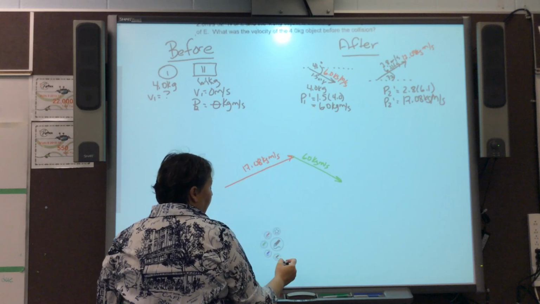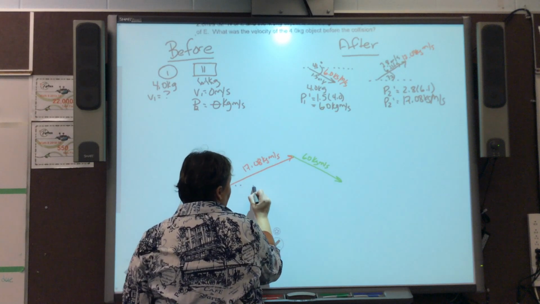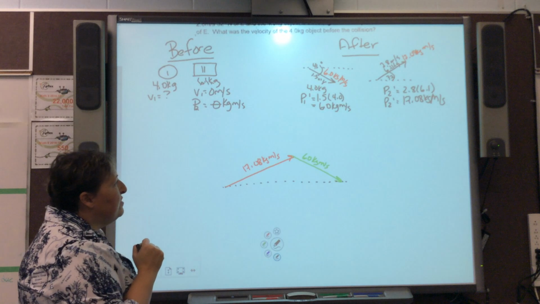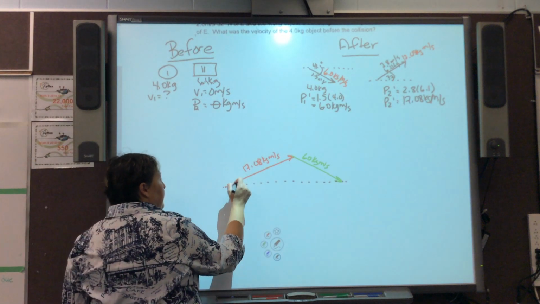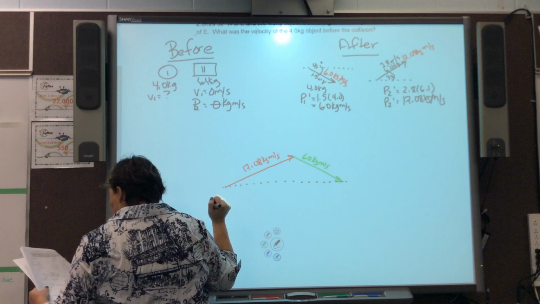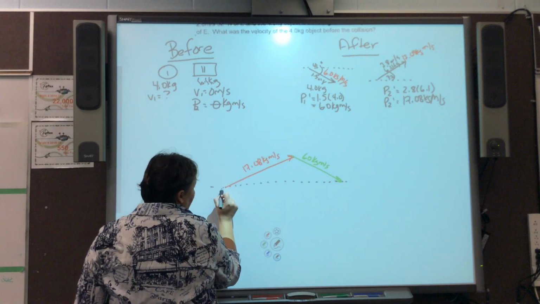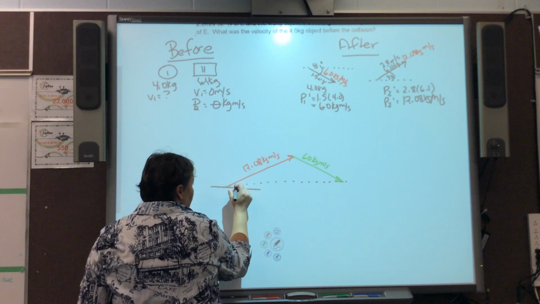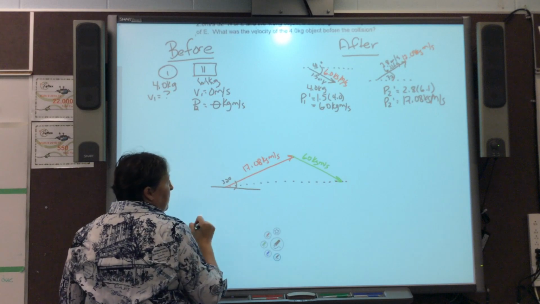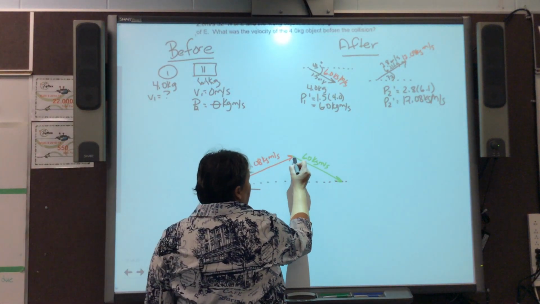And then, if we were to make this a right angle triangle, this angle there is 32 degrees.